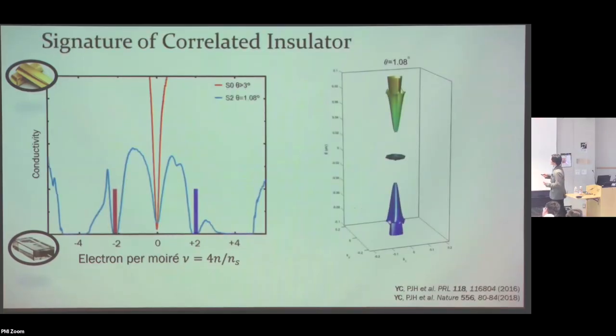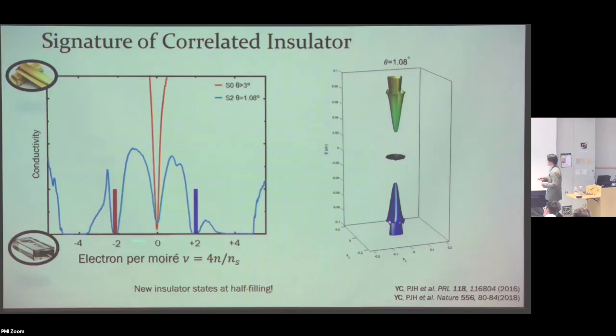So the most interesting physics happens when you go to the so-called magic angle, which is 1.1 degrees, where you still see these large gaps that correspond to the single particle band gaps. But what's extra is that you also start to see extra insulating states that occur at +2 or -2 electron or hole filling per moiré unit cell.